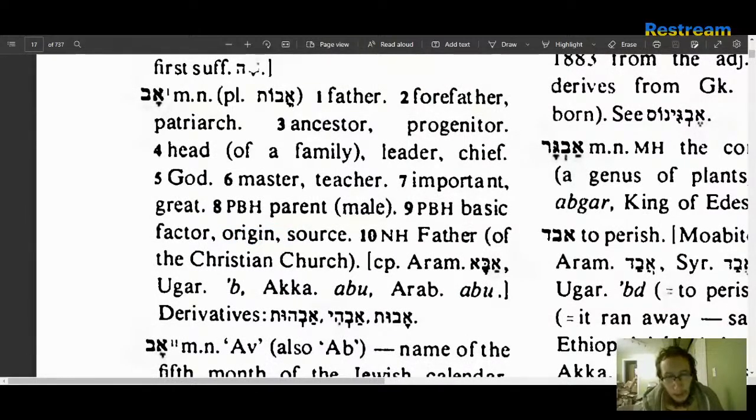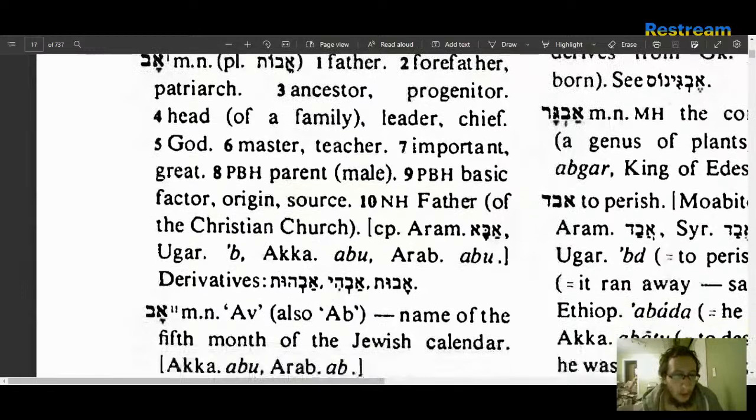It's also used in much later Hebrew for Christians, who call their bishops or priests father. So it's saying that later on, in the Middle Ages, this word was also used to refer to the fathers of the church, the various priests or whatever.